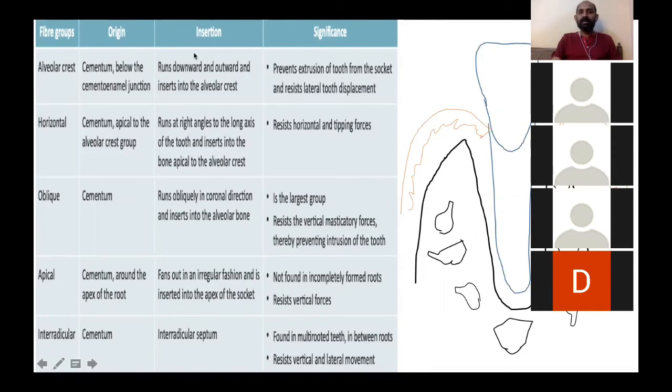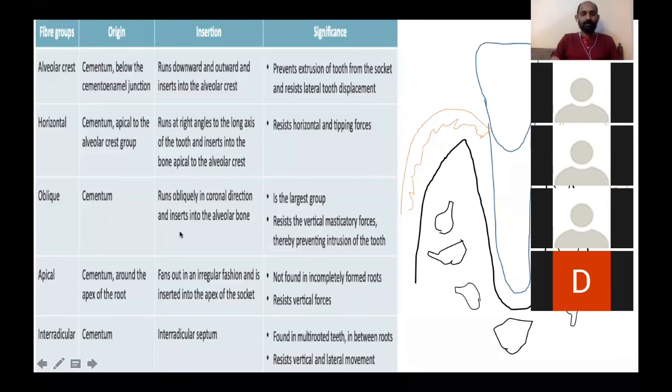Now the origin and insertion obviously would be from the cementum and insertion to the alveolar bone. So it's not going to be any different, but the location is what is different in each one of the groups. Now if you see, the first one is called alveolar crest fibers. You are able to see one line diagram on the right side of your screen.